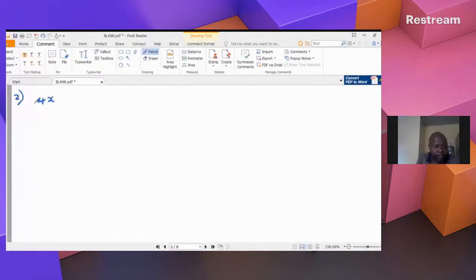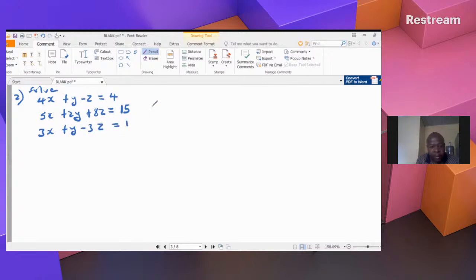So this example 2, solve for x plus y minus z is 4, 5x plus 2y plus 8z is 15, 3x plus y minus 3z is 1 by Gaussian elimination.